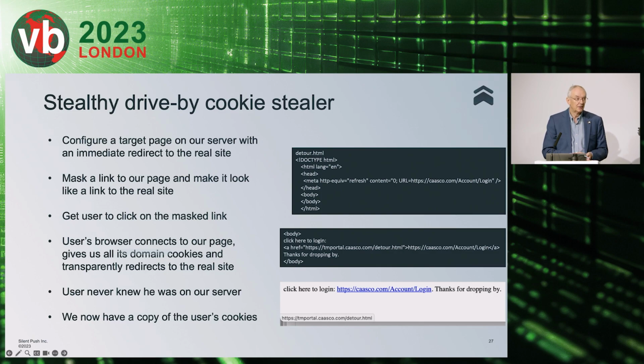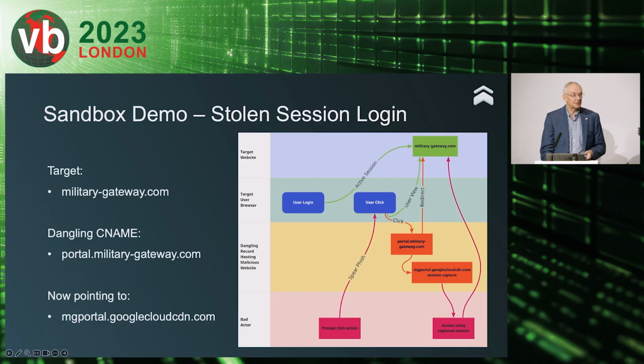But on our server, what we want to do is to receive the cookies and then redirect immediately, so the user doesn't actually see what is happening in the background. So in diagram format, it looks like this. The user sees what's in blue, and he thinks that he's talking to the website in green.